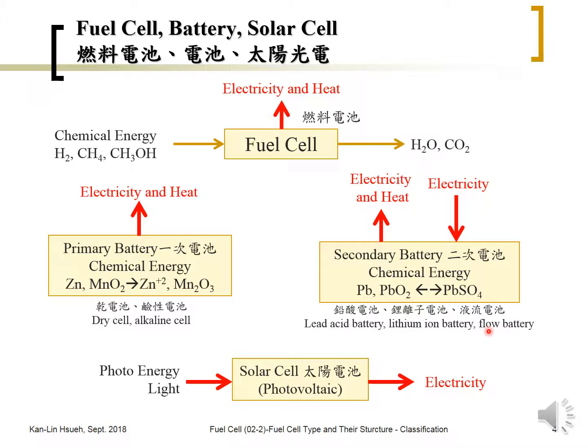After all the active material is exhausted, you recharge the battery, regenerate the active material, and then it can discharge again. So the flow battery is somewhere between the secondary battery and the fuel cell.